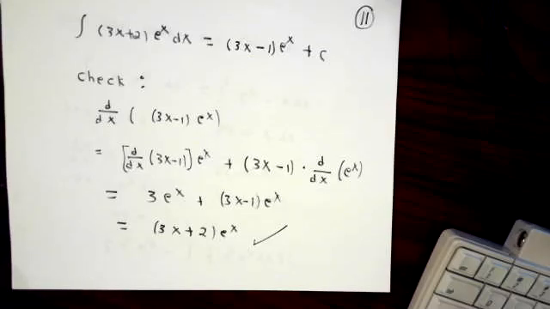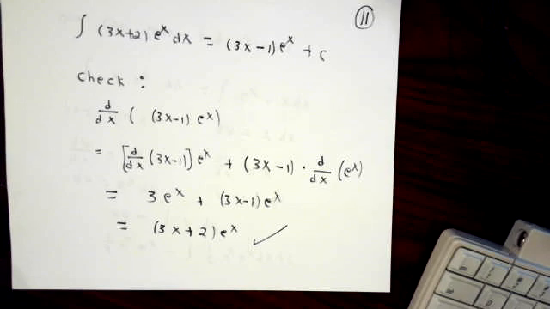And as I said earlier, if you can check your answer, it's always a good idea. Take the derivative of 3x minus 1 times e to the x and see if it's what it's supposed to be. The derivative of the constant term c is 0.